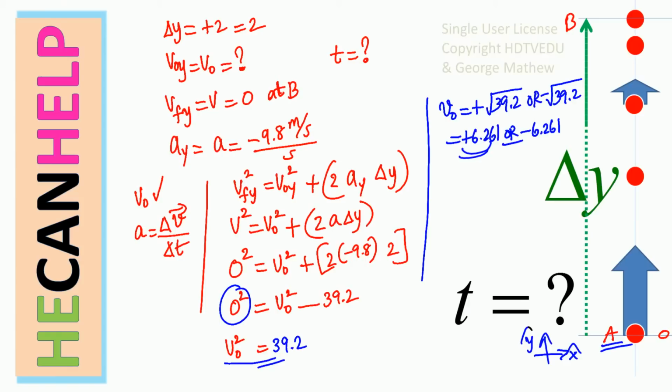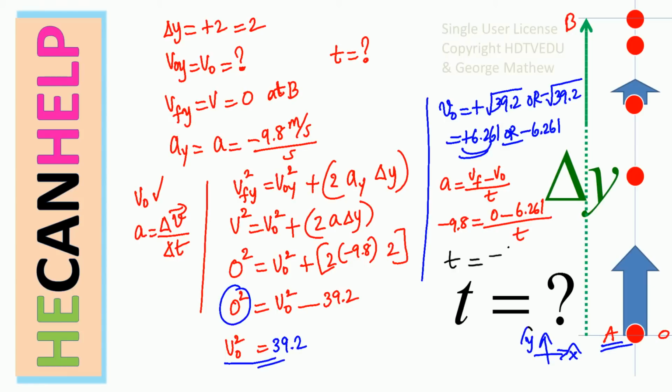Once you have V initial is 6.261, then you go back to acceleration is equal to V final minus V initial divided by time. So negative 9.8 is equal to V final, which is 0. What is V initial? 6.261 divided by time. So what is time?